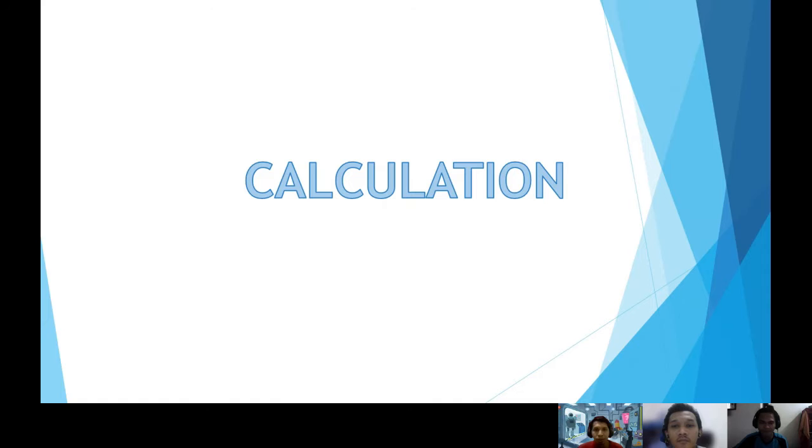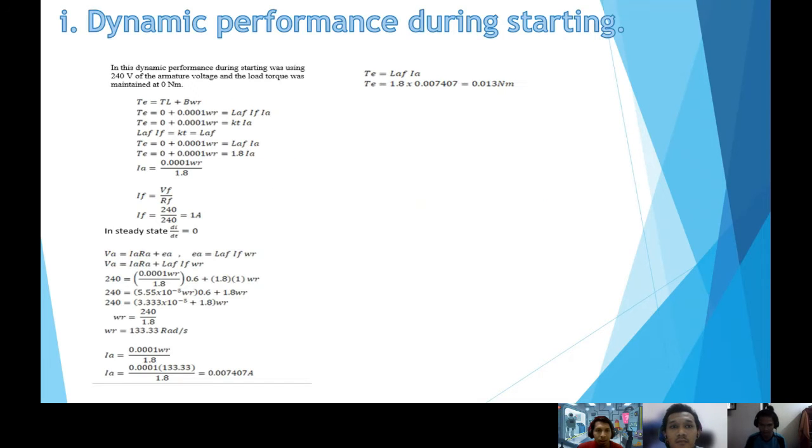Okay, I will continue the calculation. Firstly, we need to calculate the dynamic performance during starting. This uses 240 volts of armature voltage and the load torque was maintained at 0 Nm.